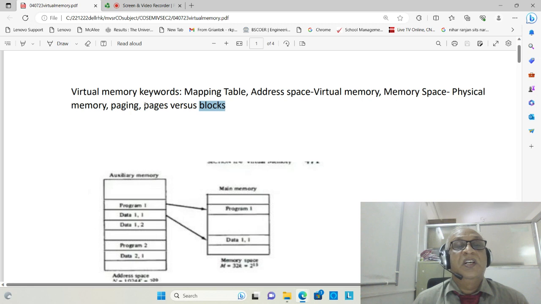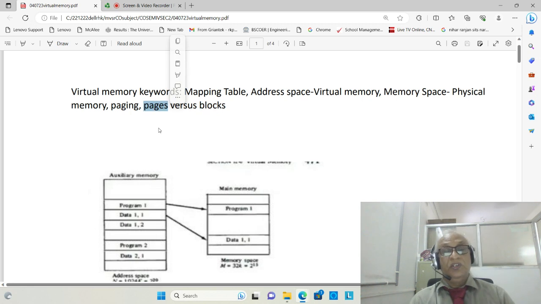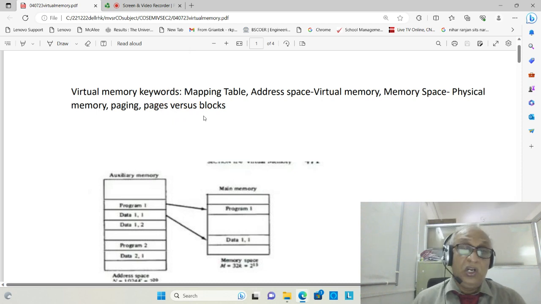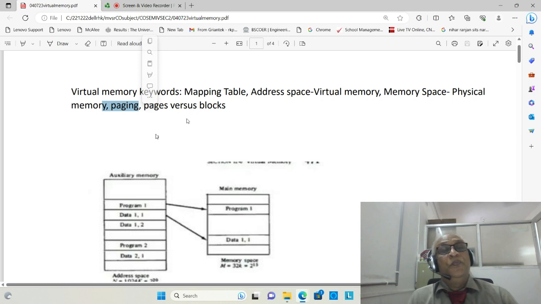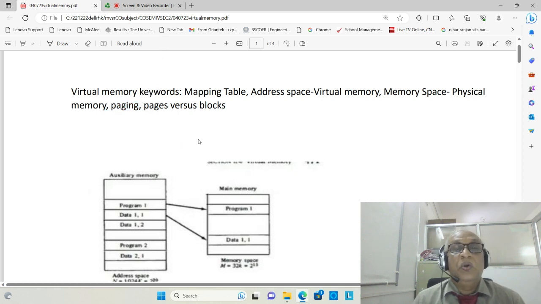Pages are of logical address, pages are of programs, pages are of virtual address, while the blocks are of main memory, physical memory. And this paging technique is used to swap the pages. Whichever page is required in the main memory is brought there, and whichever is not required, depending on various algorithms, it may be swapped back. So that is the page replacement algorithm.